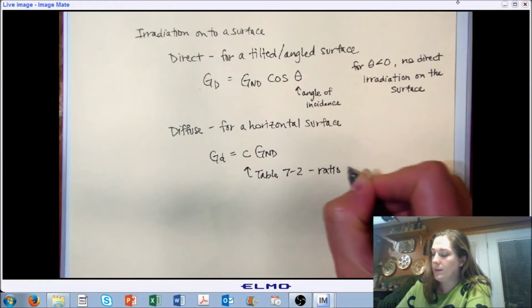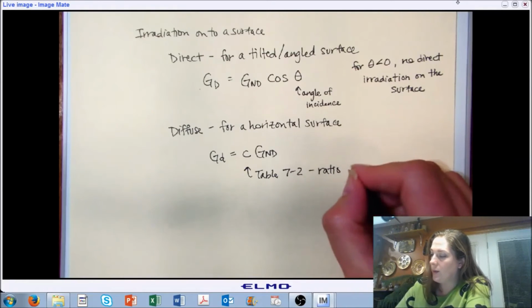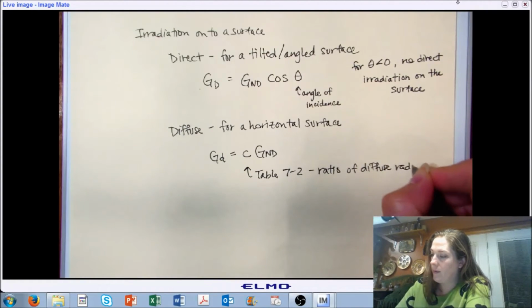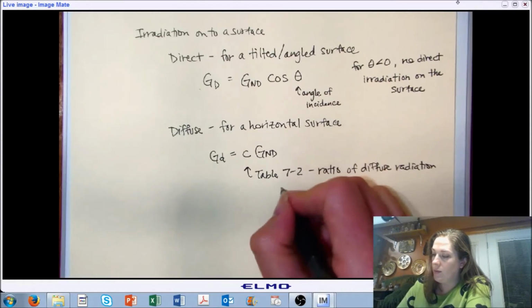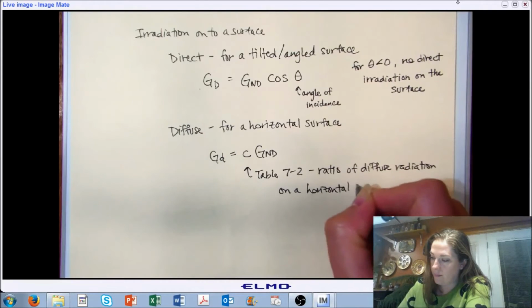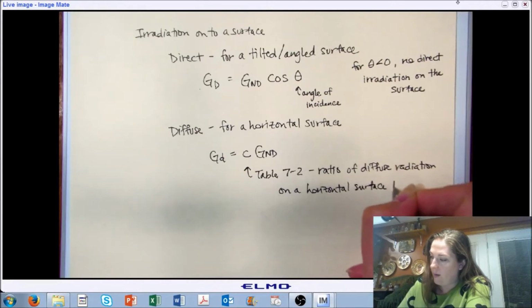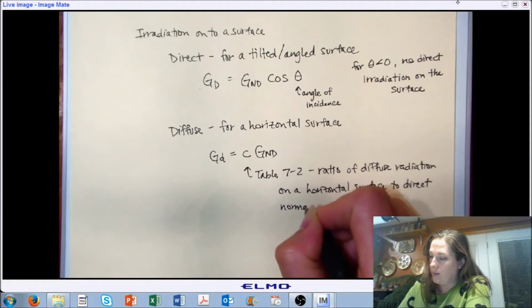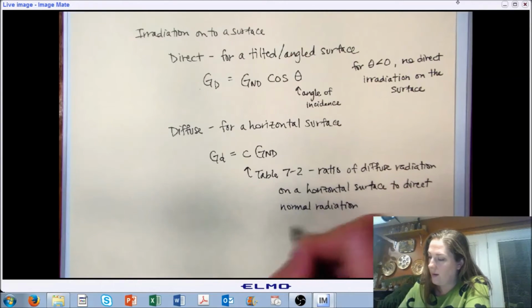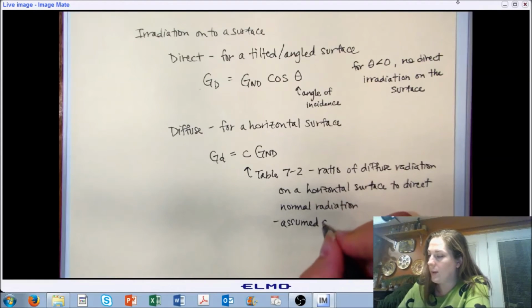And it can be described as the ratio of diffuse radiation on a horizontal surface to the direct normal radiation. And while it is assumed to be a constant for our calculation purposes, in reality it is a variable.